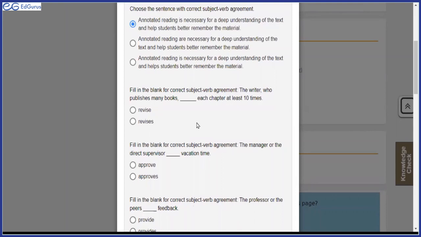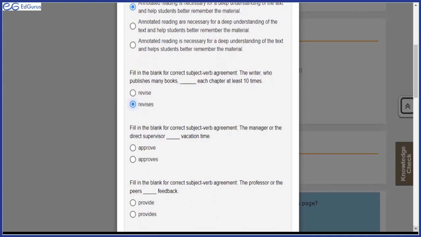The writer revises, no? Writer is singular. Yes, so the verb would be singular. Look here, who publishes? It is already given there. The writer publishes, the writer revises. I think you got confused with books. Yes, ma'am. Good, yes. Okay.